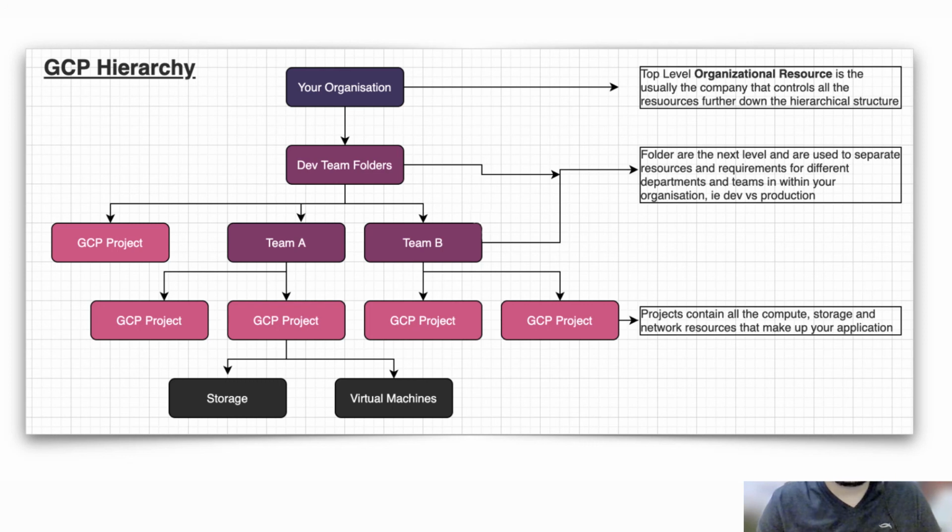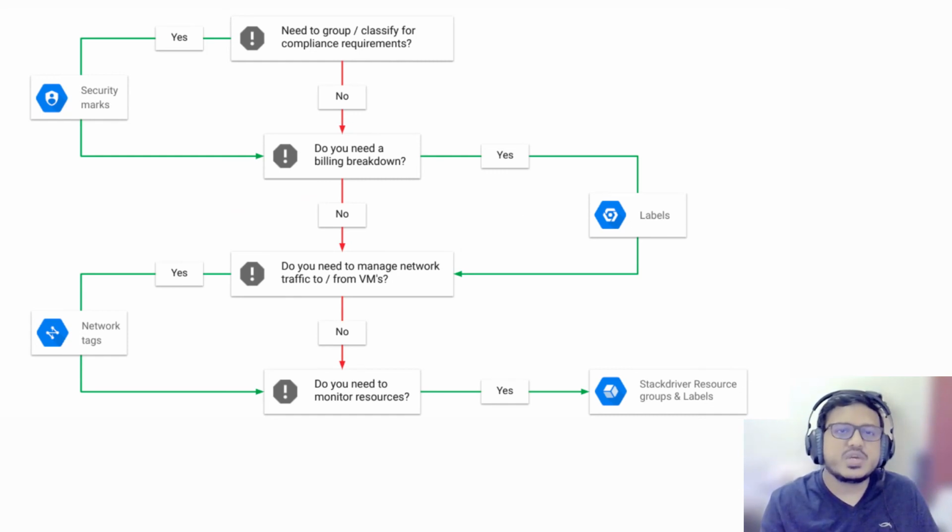Now, let's talk a bit about tags or labels. Now, labels are key value pairs that you can use to organize your resources in GCP. It is very important to label your resources, because as the organization grows and your resources grow, it will be difficult for you to manage, for example, which department uses how many VMs, or what is the cost per department that is pending, and so on.